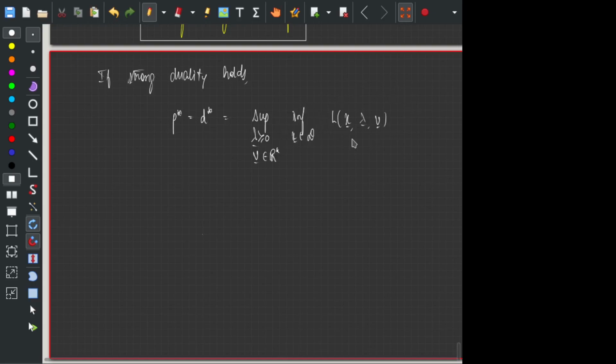Right? So to solve the problem in closed form, if f0 were convex, then this basically amounts to finding the saddle point of the Lagrangian.